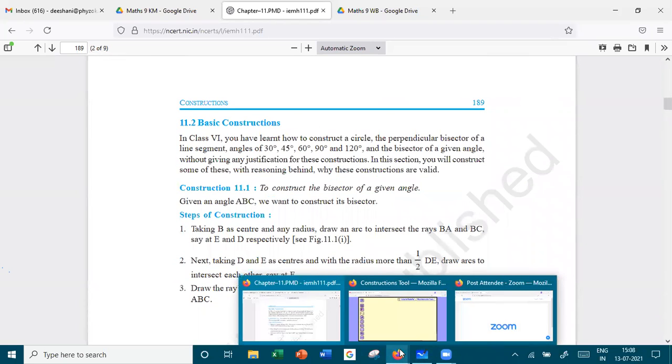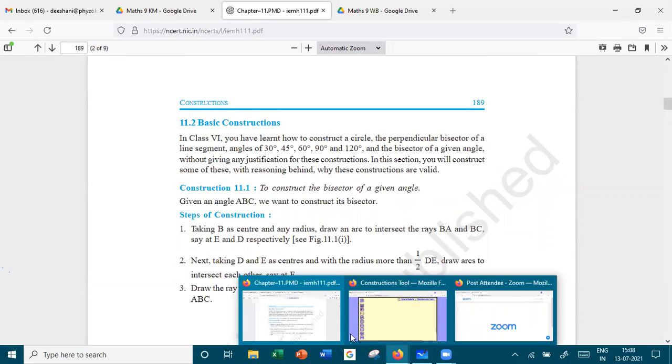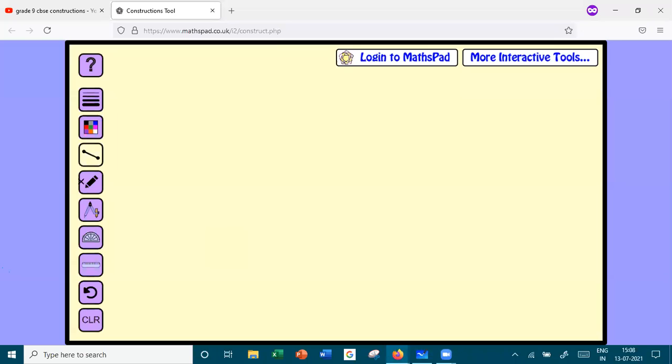Instead of us doing bisector, let us first do just constructing, let's say, 60-degree, right? So I'll just show you how we normally construct an angle of 60-degree. Then we'll see why or how is it correct, or the justification part, right?